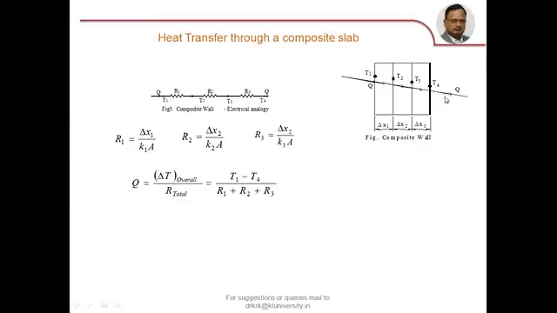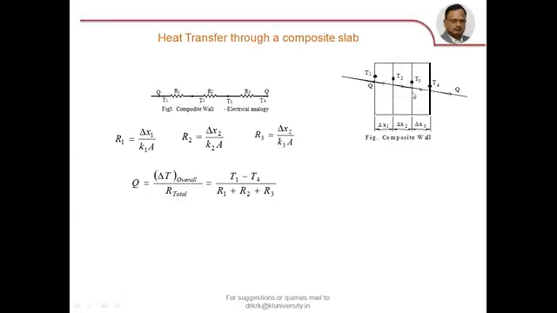While the heat is flowing, first the material 1 offers resistance for heat transfer. It overcomes that and enters into the second material. Again, the second material offers resistance for heat transfer.